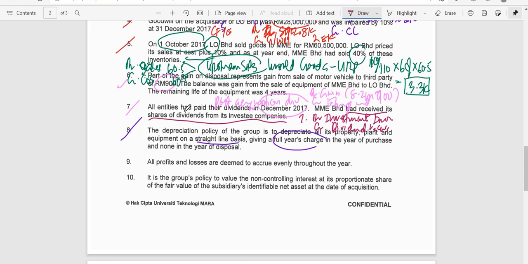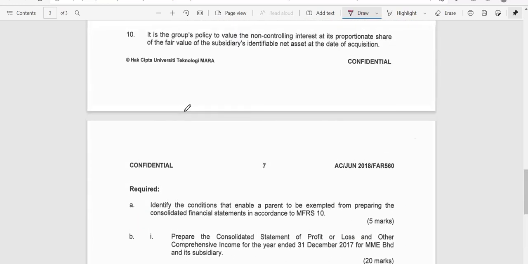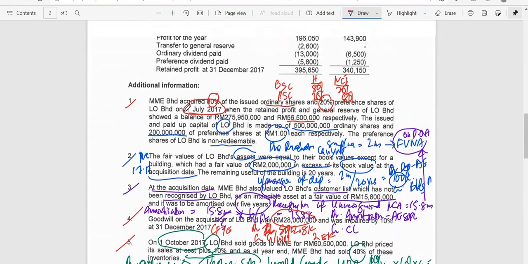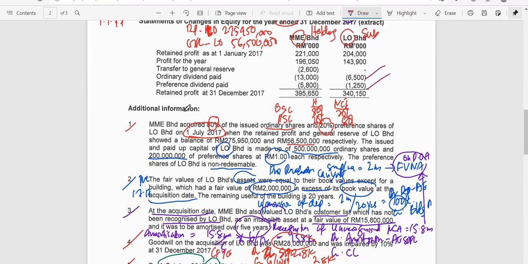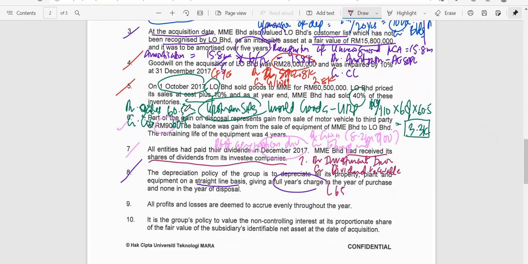That by right should be shown in the statement of financial position, and that dividend receivable must include the share of the parent. You can check here the dividend declared by the subsidiary. Ordinary dividend was 6.5 million.